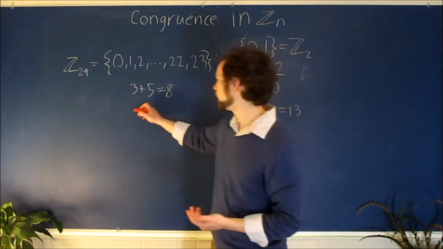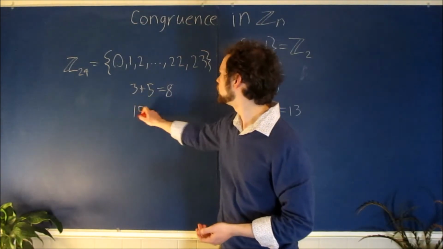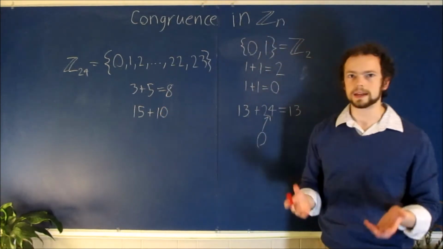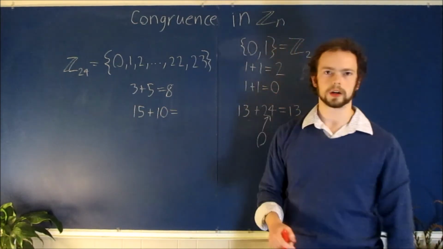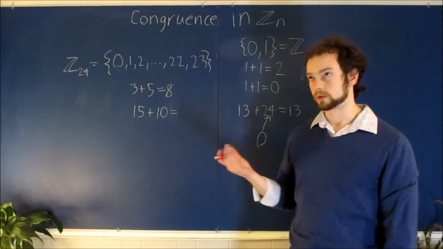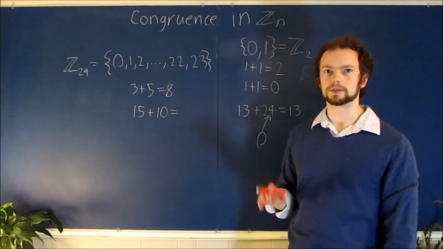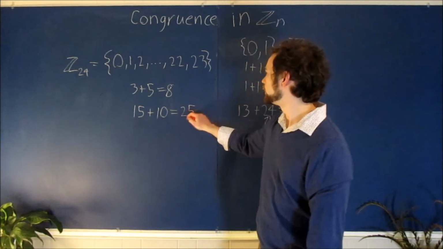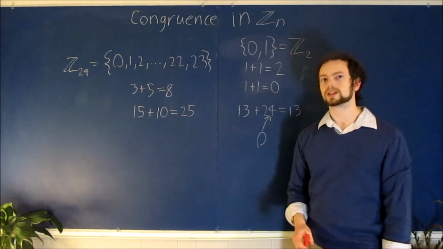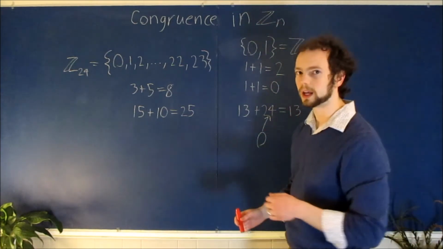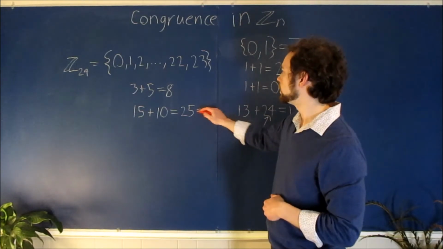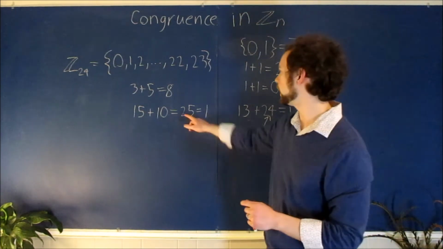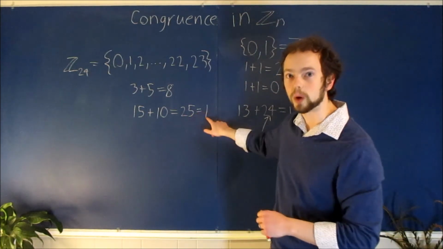So, for instance, if I have something like 15 plus 10, this is saying we're starting at 1500 hours, which would be 3 p.m., and I wait 10 more hours. I'm going to get to 25, but this is really equal to 1, because I get up to 24, which is 0, and then I have 1 left over.